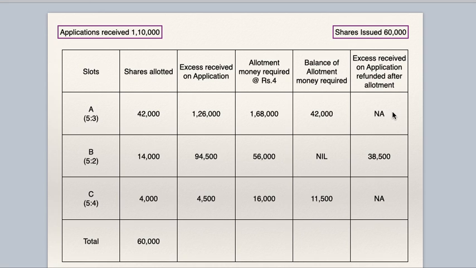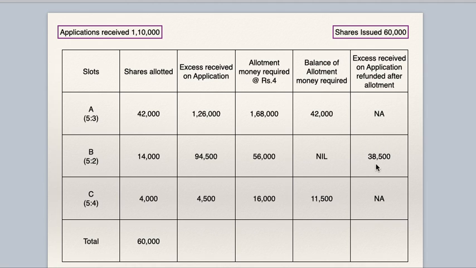In category B, allotment money required is 56,000, whereas they have excess received 94,500. So after adjusting allotment, still 38,500 remains excess, which they will refund back because it is given in the question. Call is not to be adjusted in this.